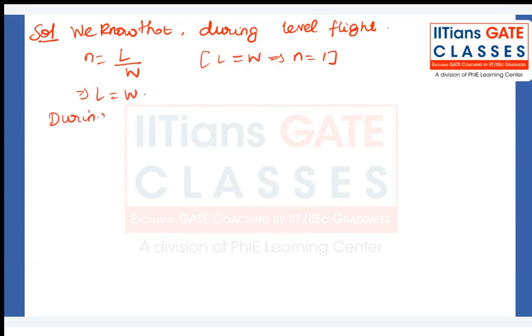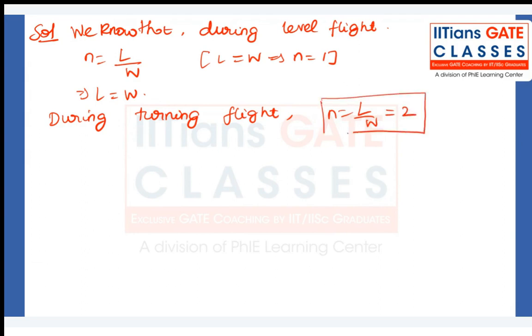But during the turning flight, let's write that. We know that N is equal to L by W. This is given as 2, correct? Right.